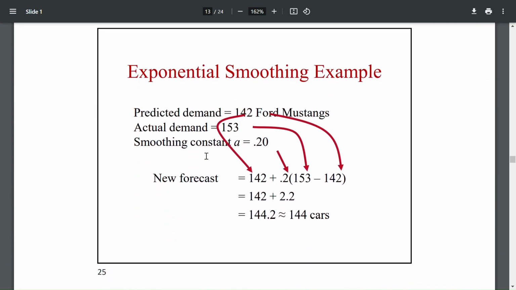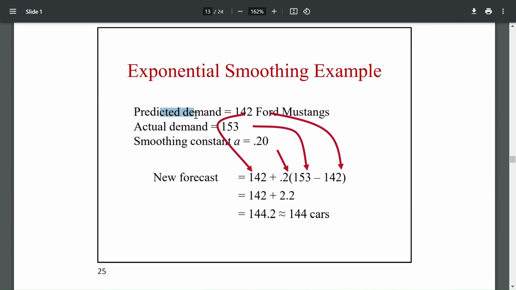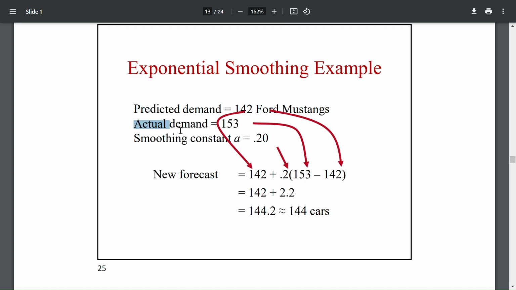So here's an example of exponential smoothing, from the book. Let's say that the predicted demand for the past month was 142 Ford Mustangs, and the actual demand is 153. The actual demand for the past month, past year, past week. Since it was not specified, we're going to say month.